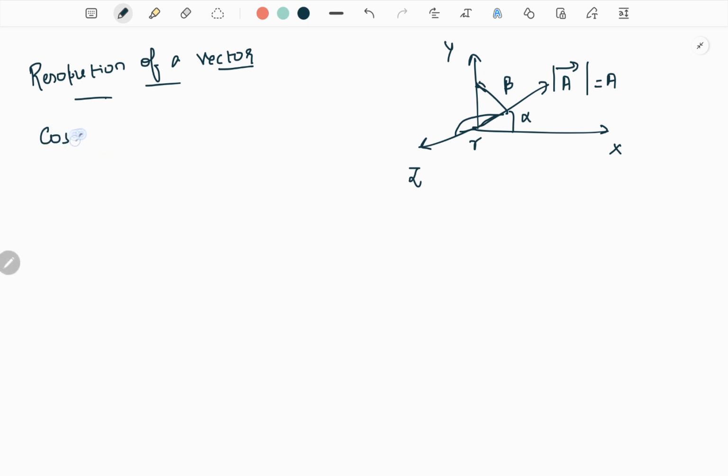Then cos alpha, cos beta and cos gamma are said to be the direction cosines of that vector a bar. We call them direction cosines because we have taken the cosines of those angles, and these three independent values tell us about the direction of that particular vector.